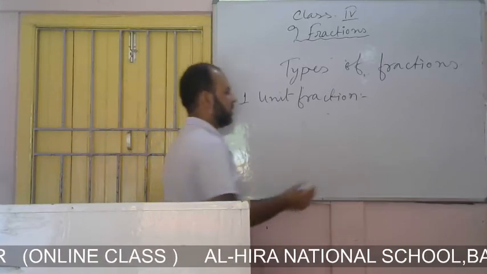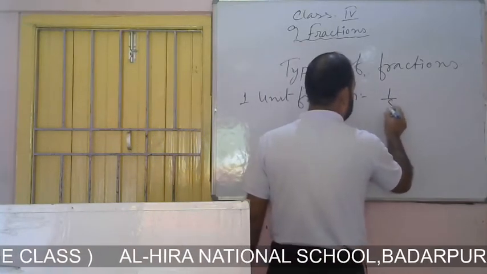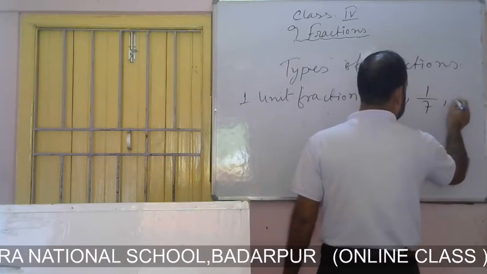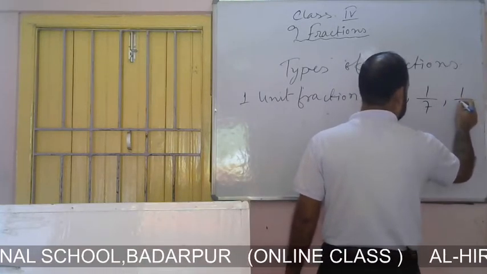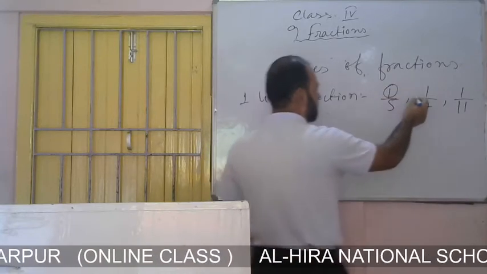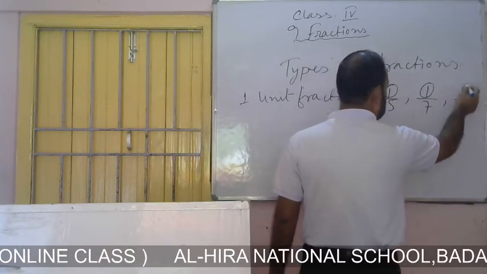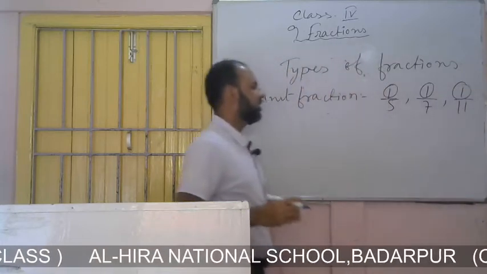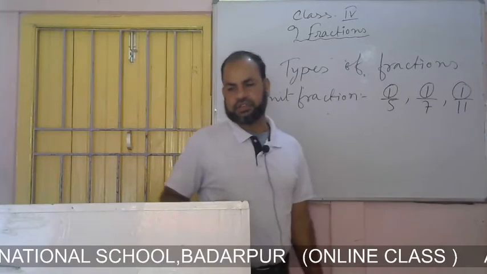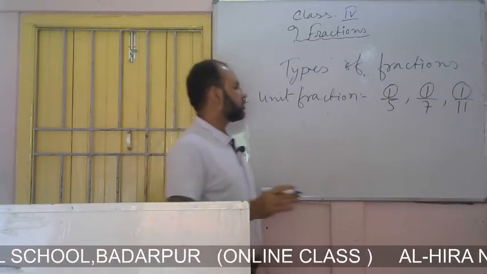For example, 1 by 5, 1 by 7, 1 by 11. Here the numerator is 1. So, these fractions are unit fractions.